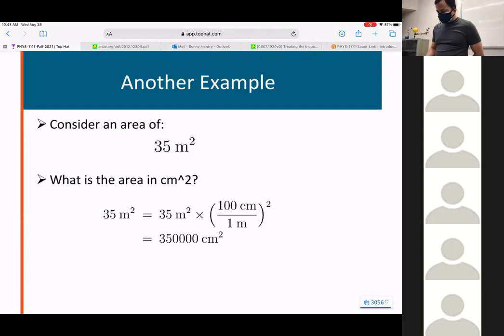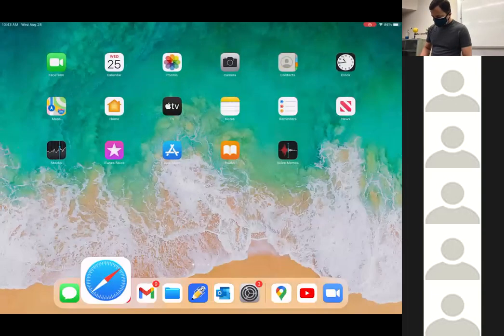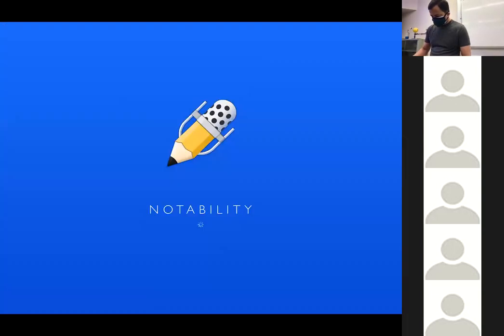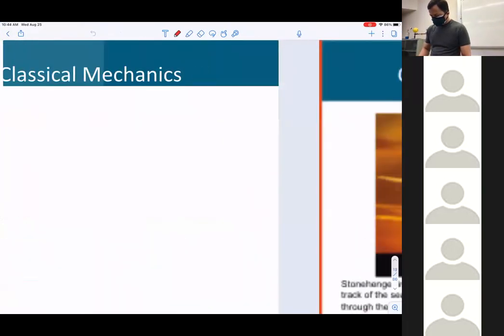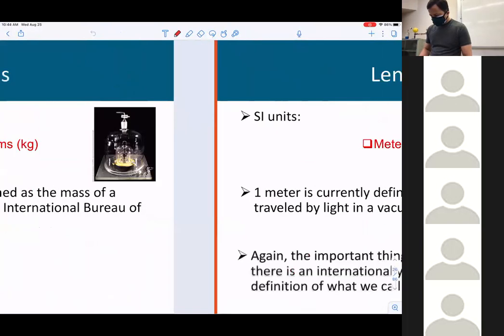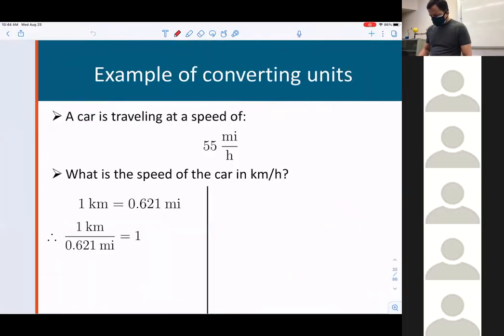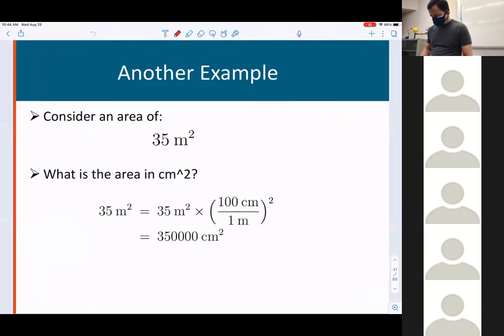So we have here 35 meters squared. That's the same as 35 meters squared, and I want to multiply it by 1. Well, I know that there's 100 centimeters. Actually, let me switch to this here.